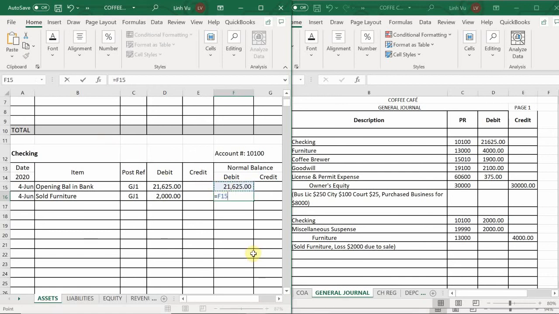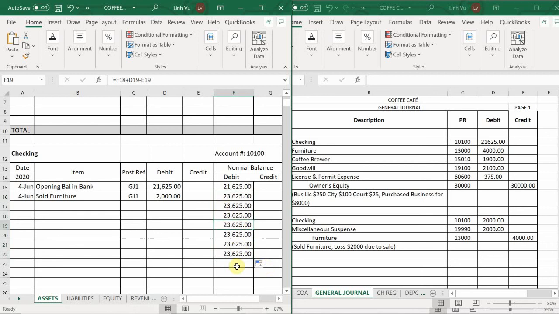You're going to add any debits in this row, so 2,000, and I'm going to subtract out any credit, which in this case is 0 in the same row, and I'm going to press enter, and it's going to reflect that I have 23,625. And what I can do here is now drag that formula down to help me calculate as I go.